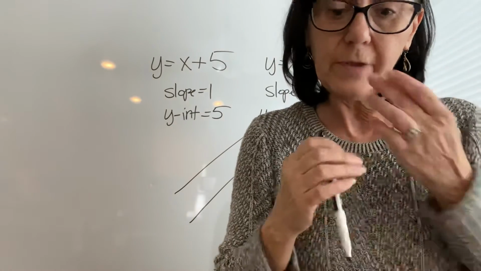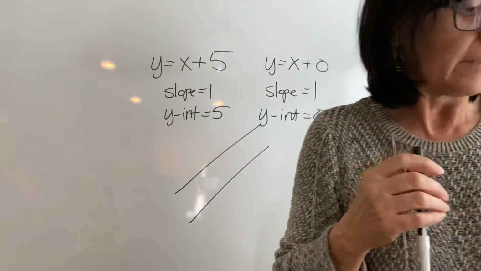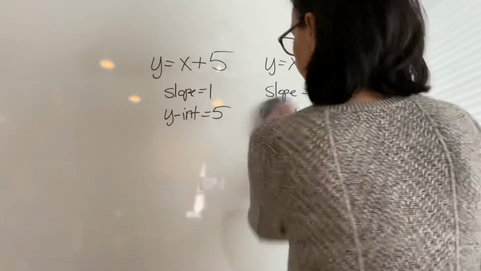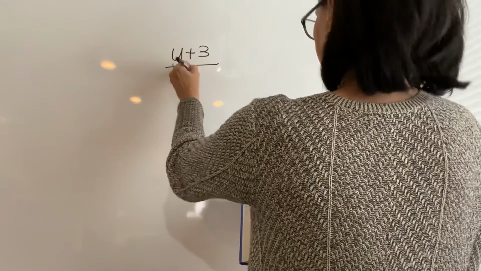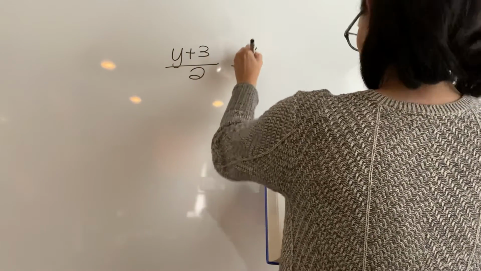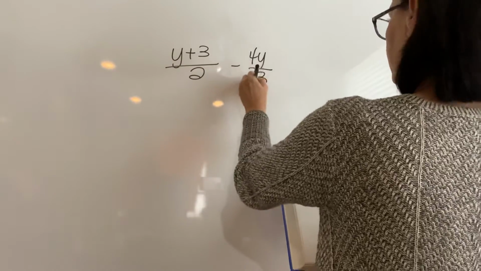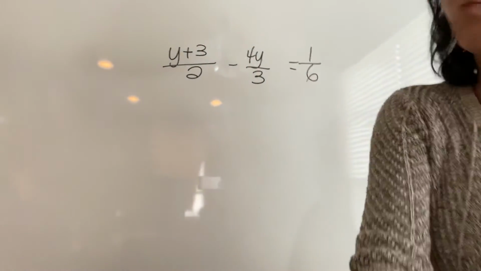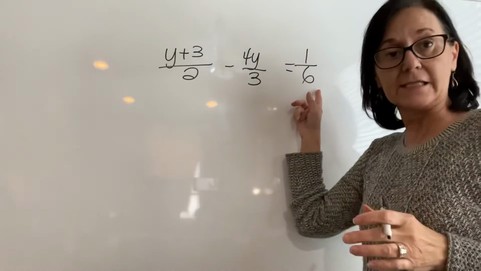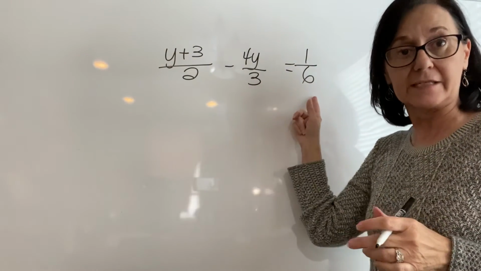All right, the next one, which is the last one, is number 16. Which is like some that we've already worked. Hopefully you'll get this down pat. I look at my denominators, the 2, the 3, and the 6, and all of them go into 6.